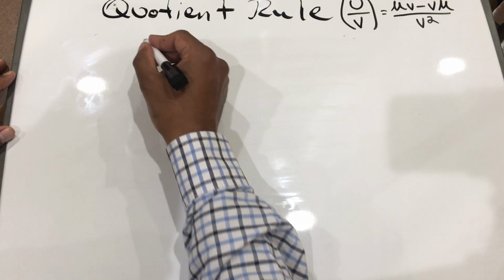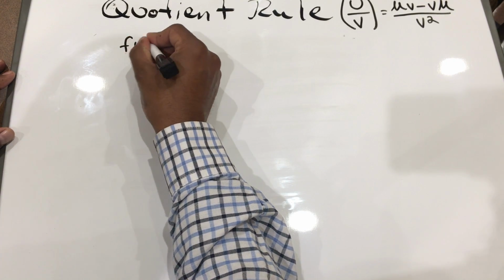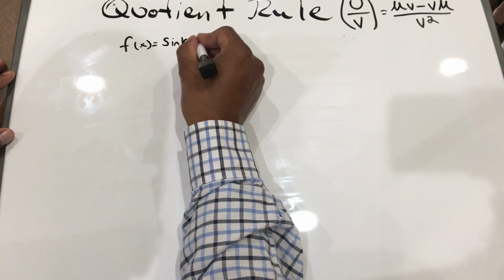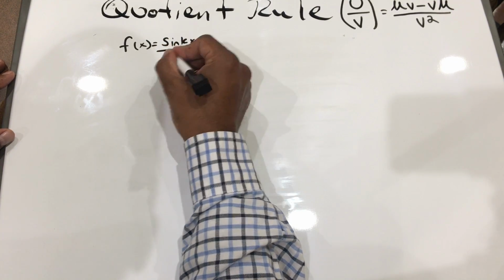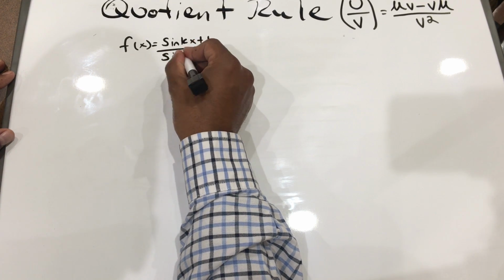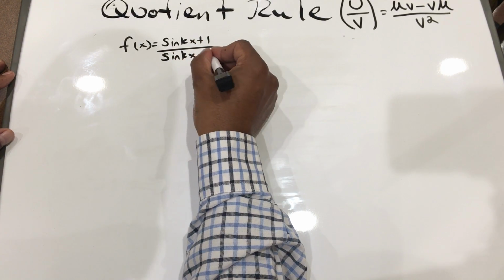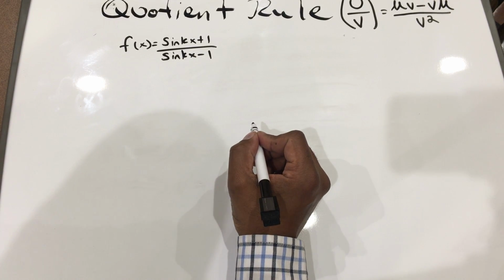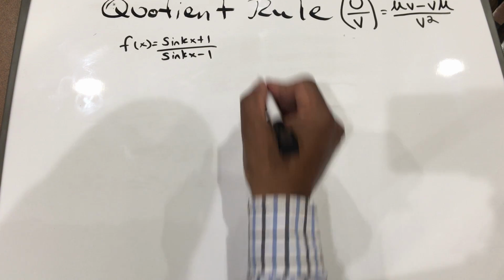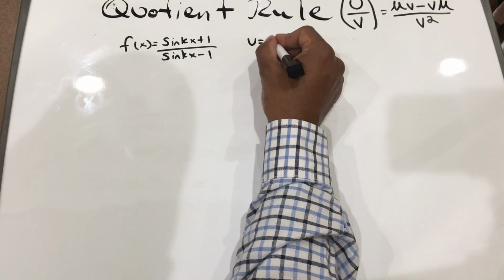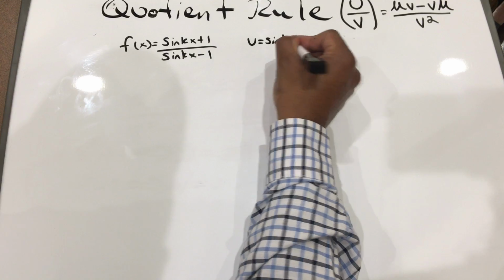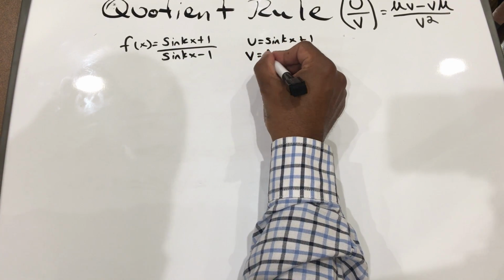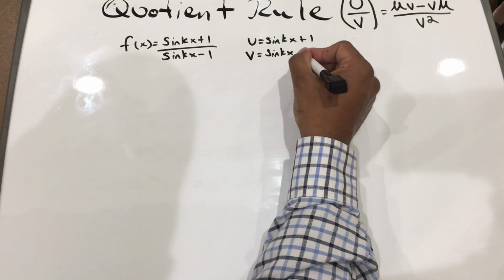So in this case, I'll make f of x equal to sine of kx plus 1, and our denominator sine of kx minus 1. So what would u be? U is sine kx plus 1, and v would be sine of kx minus 1.